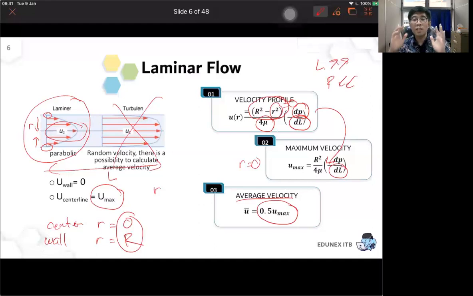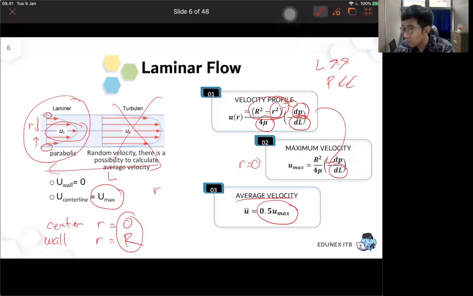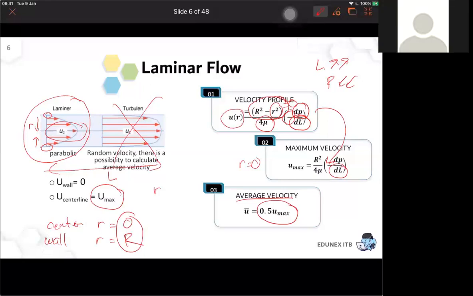Yeah, the more the flow goes to the right, makin ke kanan alirannya, maka friksi yang dialami itu kan makin besar, right? So yes, the pressure will decrease. So the sign is minus. It means the pressure will decrease along the pipe.